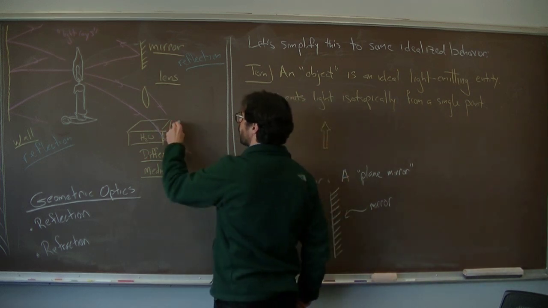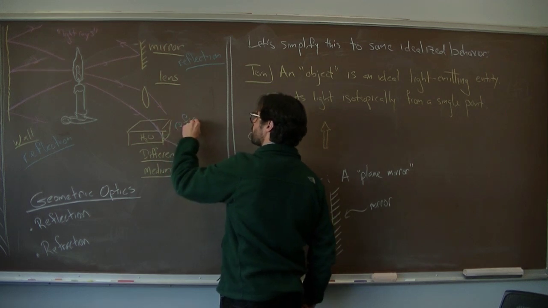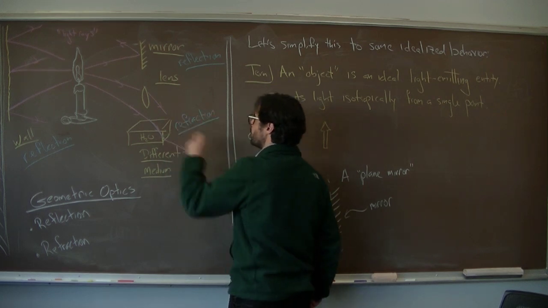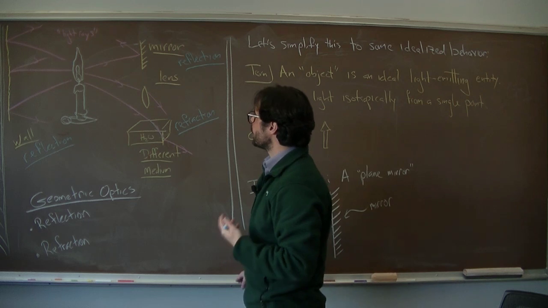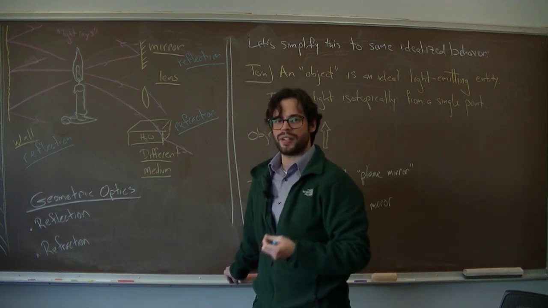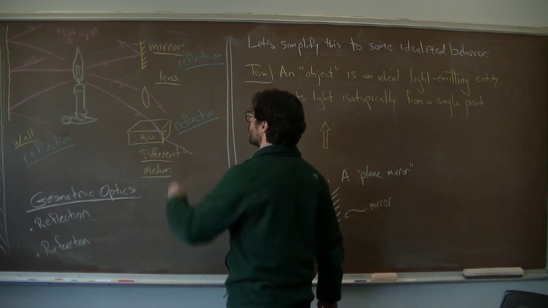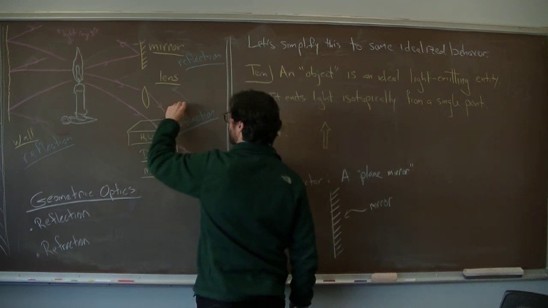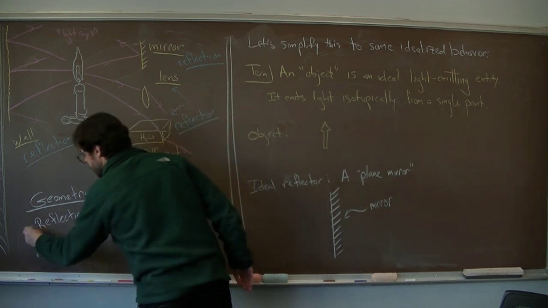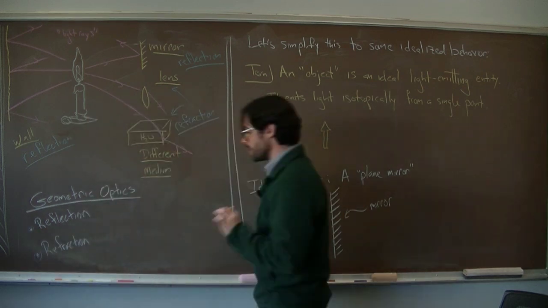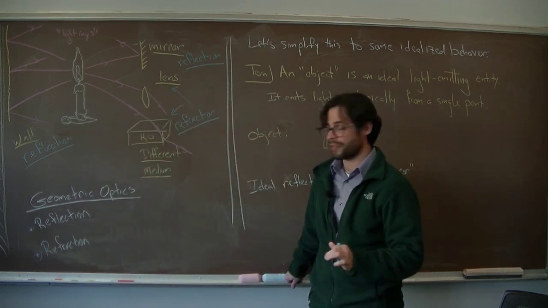So that is what we'll call refraction. That's the bending of light. And a really extreme and precisely engineered case of refraction is things like lenses. So lenses are refraction as well. So these are the two main topics that geometric optics is really good at describing: reflection and refraction.